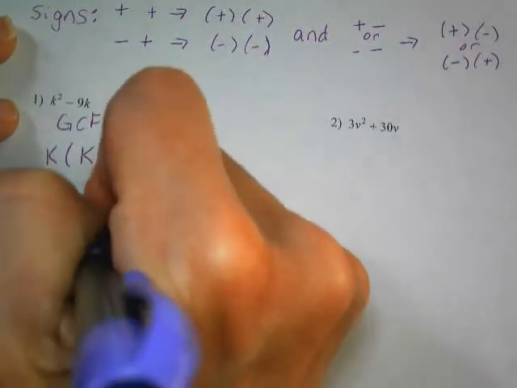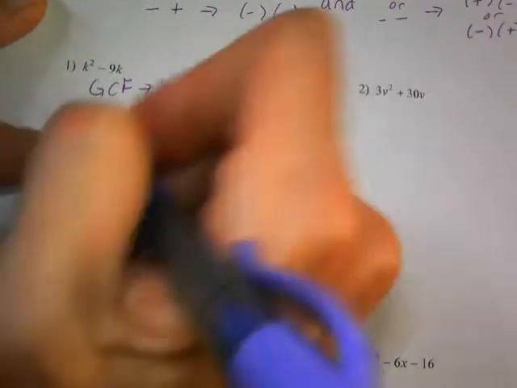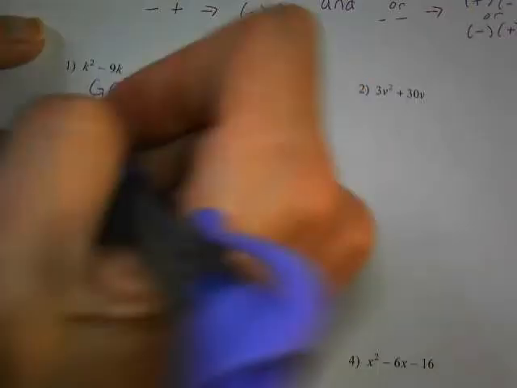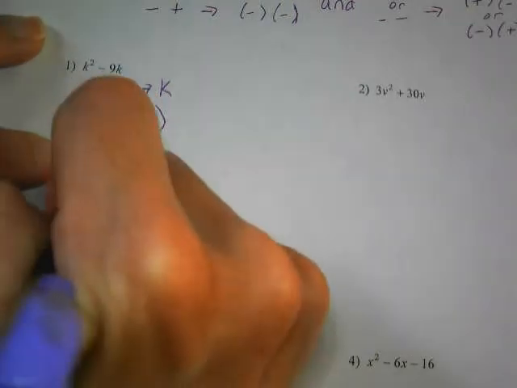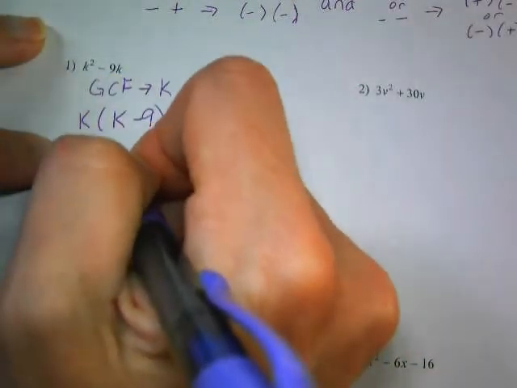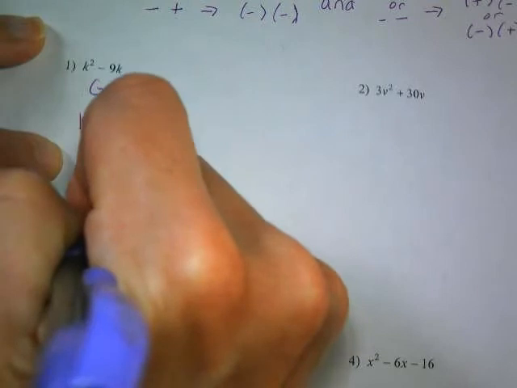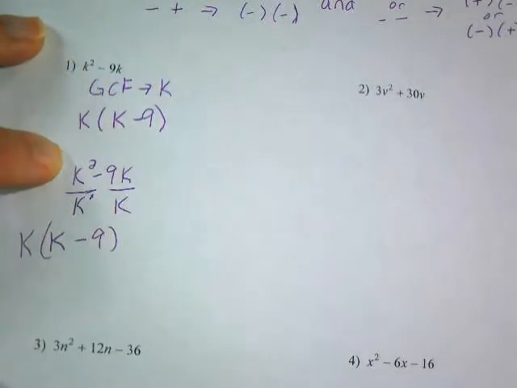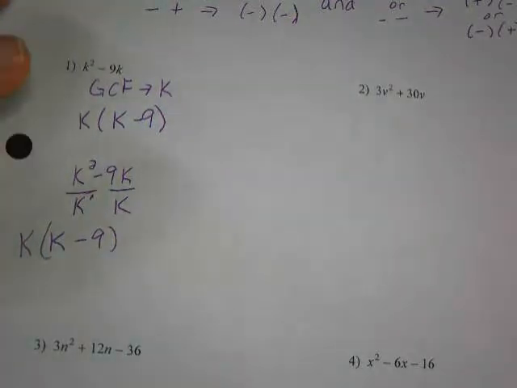You would divide each piece by k. k squared divided by k, and now we're going back to rules of exponents, gives you k, and then 9k divided by k gives you minus 9. And then remember, we keep our GCF on the outside. So we are throwing lots of things from previous lessons into factoring.